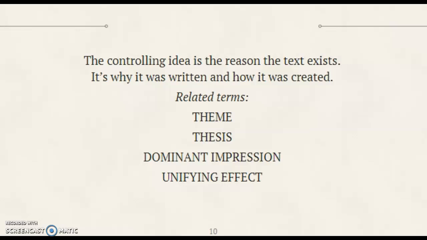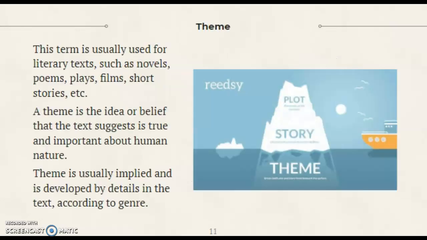So far our definition of the controlling idea is pretty vague and pretty useless. I think that talking about these related terms, these types of controlling ideas, theme, thesis, dominant impression, and unifying effect will help us put it into more concrete terms. So let's start with the ones that we already know.